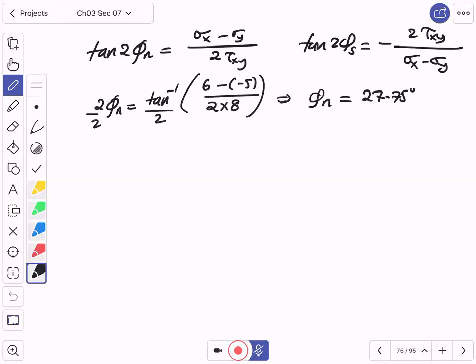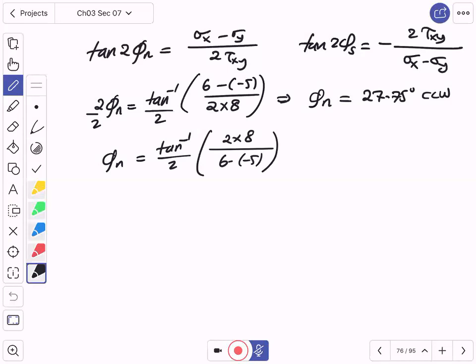If it is positive, what did we say, guys, positive means? Counterclockwise. We will teach you what this means when we draw. So, what is phi n? It will be tan inverse over 2, and then 2 multiplied by 8 divided by 6 minus 5. And this is going to give you how much?